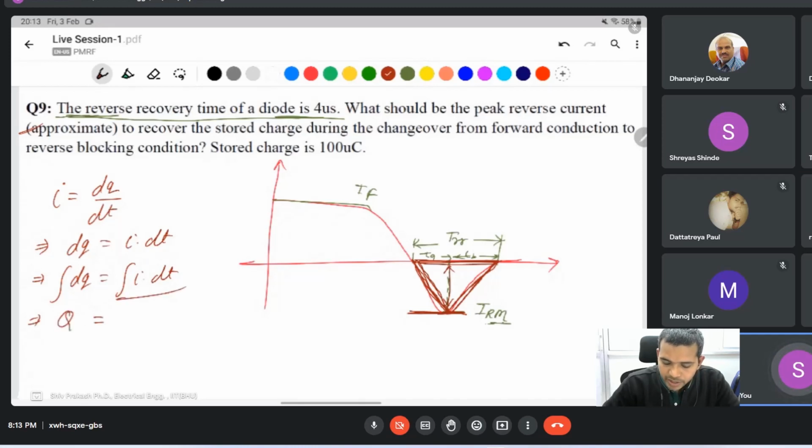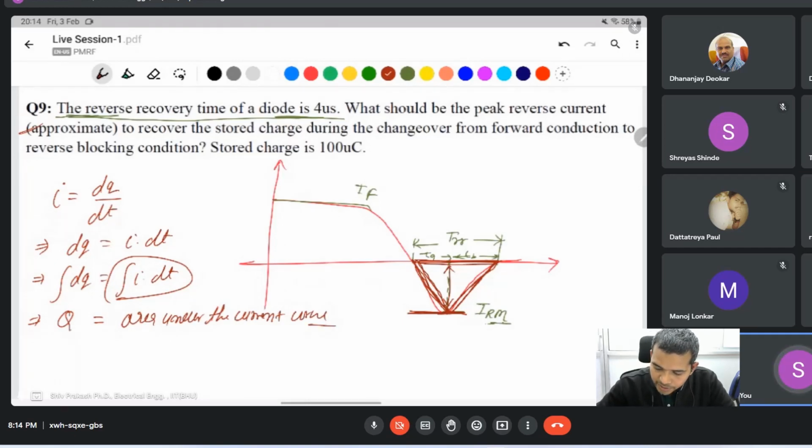I dt integration means the area under the current curve. Then you can easily find the area of the triangle. The area under the curve is the charge. Find total charge Q.